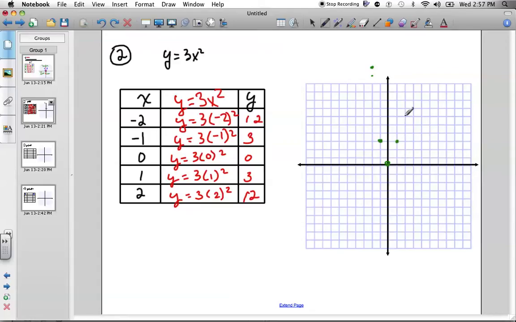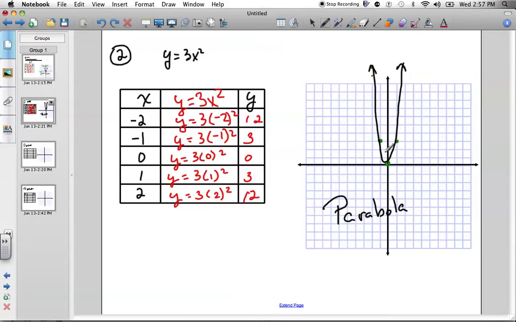And 2, 12. And now we graph by connecting our ordered pairs. Okay. And there is your parabola.